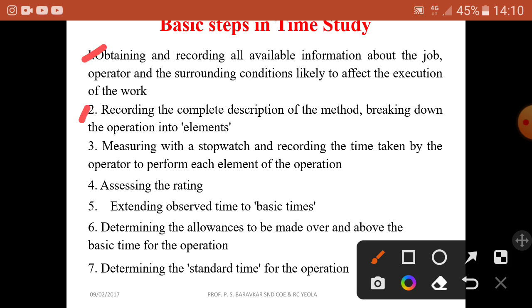The next step is recording the complete description of the method, breaking down the operation into elements, measuring with a stopwatch and recording the time taken by the operator to perform each element of the operation. The fourth step is assessing the rating, extending observed time to basic time.